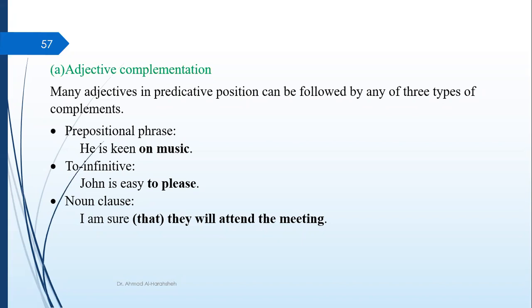Prepositional phrase: he is keen on music, keen on music. To infinitive: John is easy to please. Noun phrase, or rather a clause: I'm sure that they will attend the meeting. Or I am uncertain if Mary will come to the party.